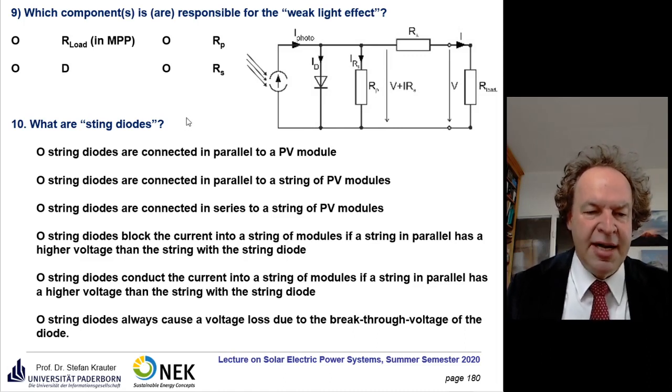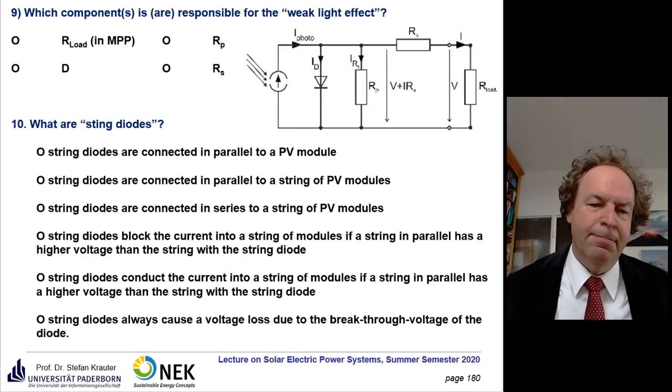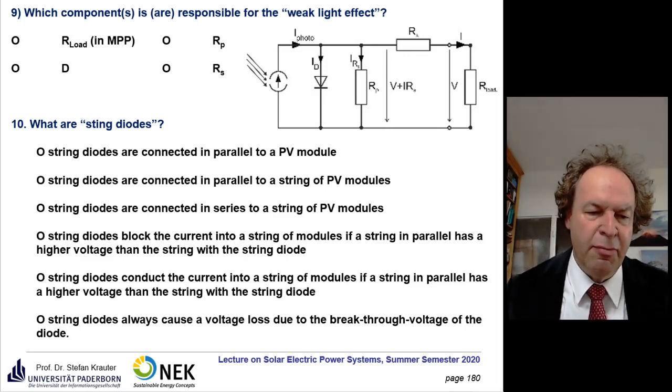What are string diodes? String diodes are connected in parallel to PV modules. String diodes are connected in parallel to a string of PV modules. String diodes are connected in series to a string of modules.